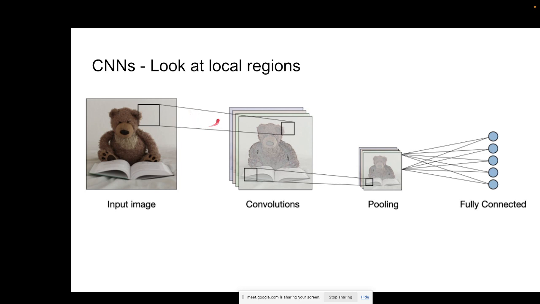Since they are looking at local regions, some parameters are meant for looking for eye sort of structures, some parameters want to look at nose sort of structures, and so on. Okay, so suppose I have a parameter here in this neural network which is meant for detecting feet, right?